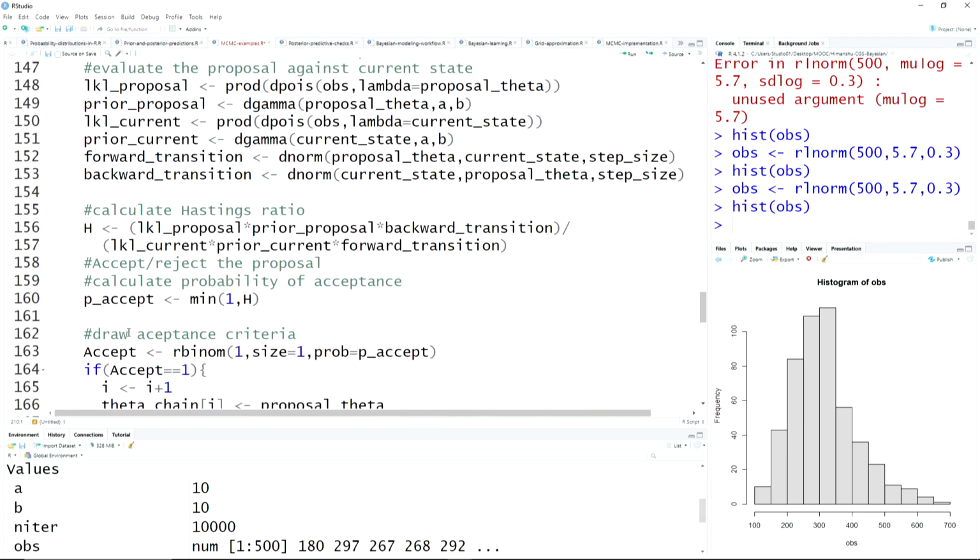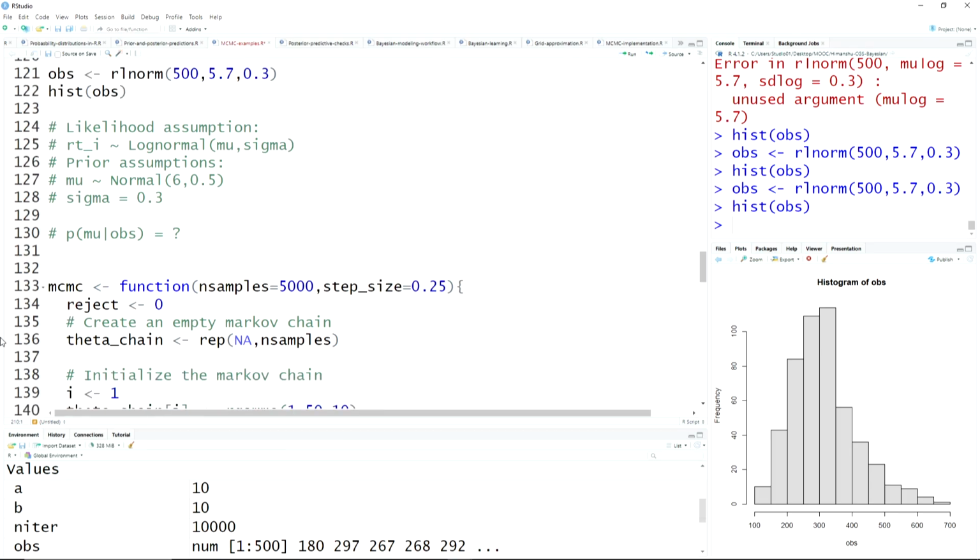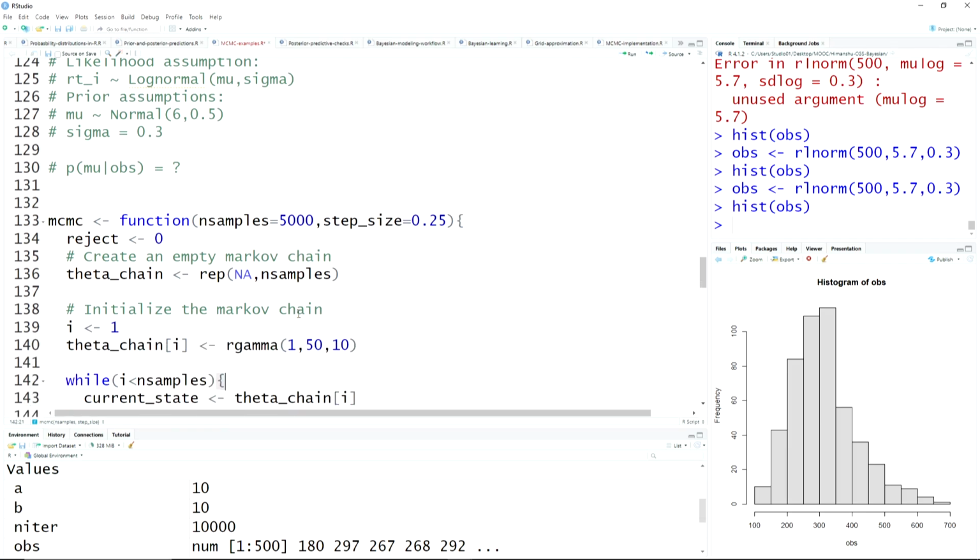All right. So, now we are all set. So, this is my MCMC function. I will still define number of samples, step size, all these things will remain there. Then I created an empty Markov chain. I initialized the Markov chain.